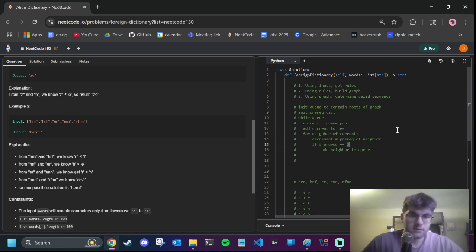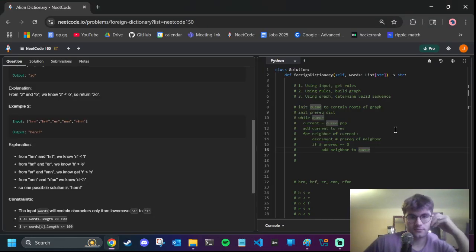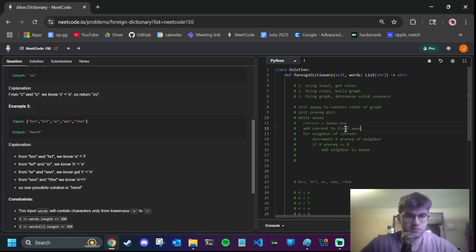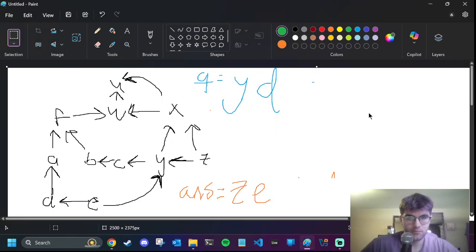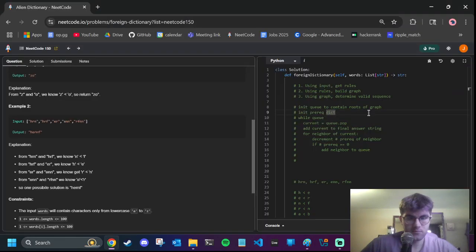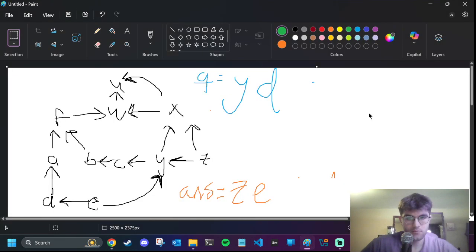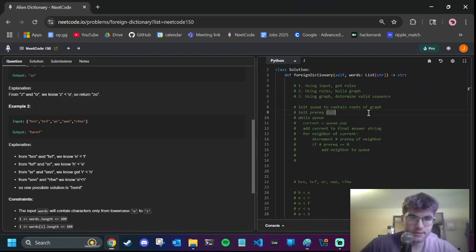So we'll decrement it, and then if it has no more prereqs, then we'll just add that neighbor to the queue. I think it's that simple.